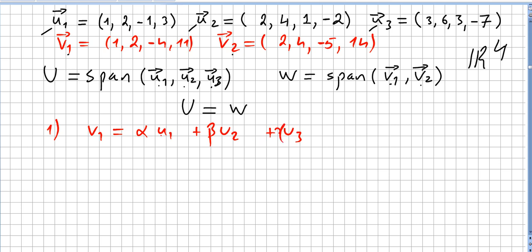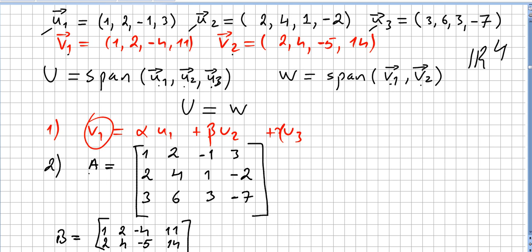We show that every single u is a linear combination of vectors v, and that every single v is a linear combination of vectors u. If we do this, we will prove that U is the same as W. But this is going to be a bit of tedious work, because we are going to take 6 systems to do all this. We have a second method for this.